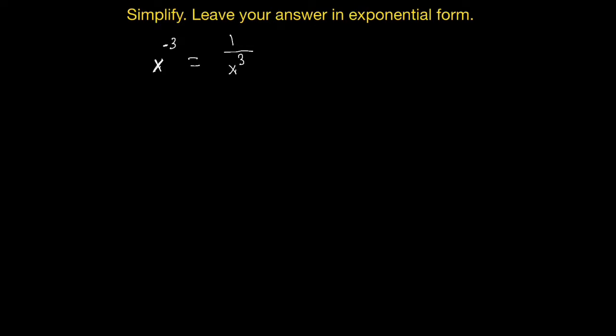Alright, now we can do this with any real defined base. So here, we can apply this to 2x, as long as we consider 2x to be the base, which it is because the parentheses are emphasizing that they're all getting applied this negative 2 power.